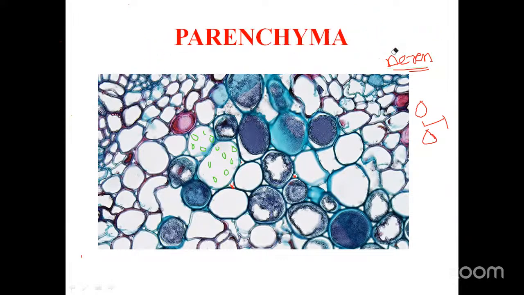It looks the same as parenchyma, similar, but it is somewhat stronger when compared with parenchyma. And it is also made up of layers, primary layer and secondary layer, mainly the primary layer, but the chemical composition is different.